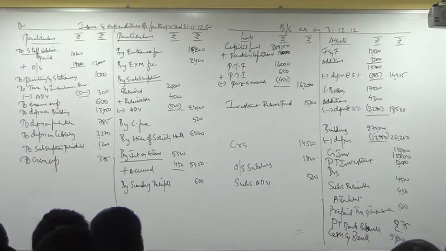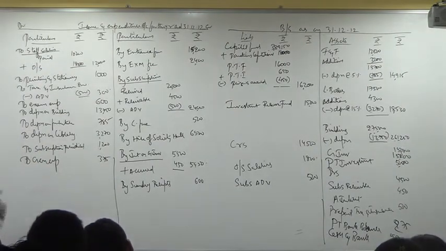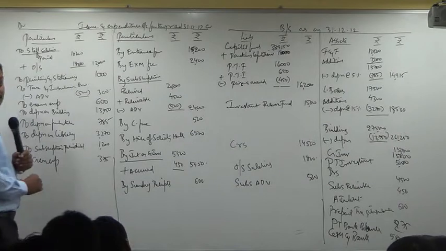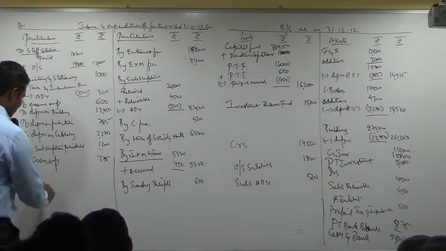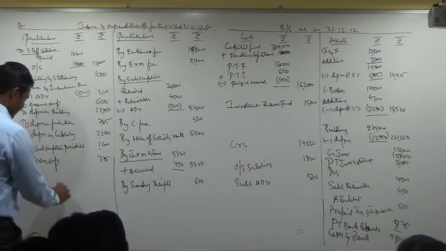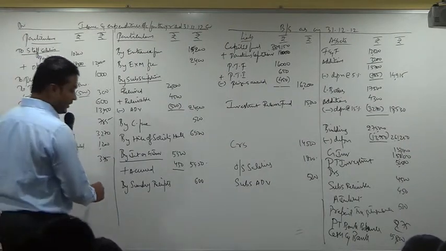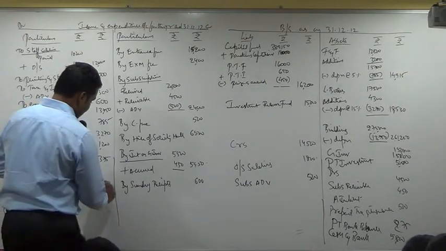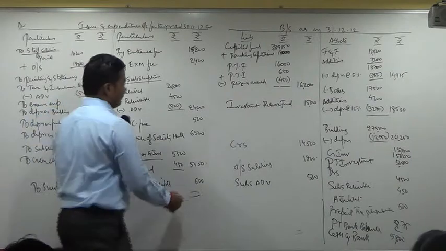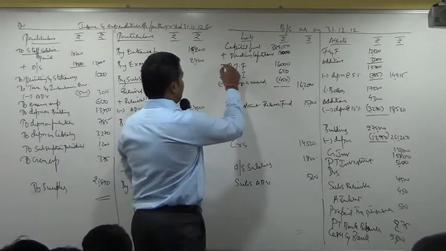Okay, completed. Surplus or deficit? To surplus. 21,870. Add surplus.